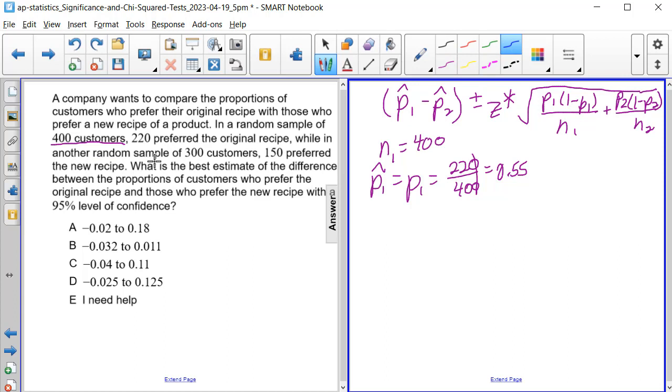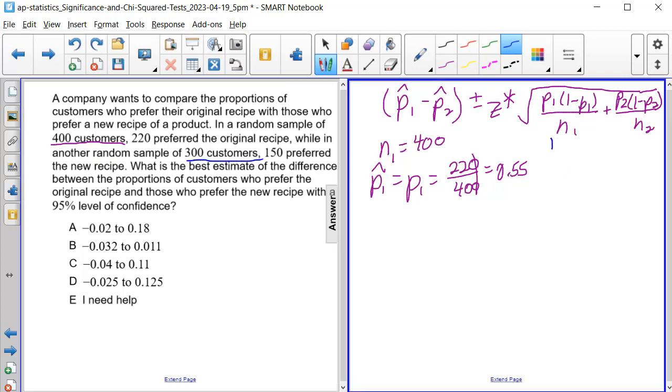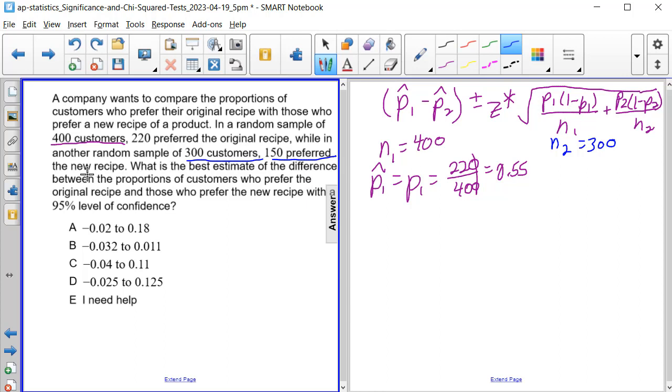Okay, so in another random sample of 300 customers, so that's our n2, 150 preferred the new recipe. And since we're comparing it to the original recipe, we have to do a little bit of math really quick to determine how many preferred the original.